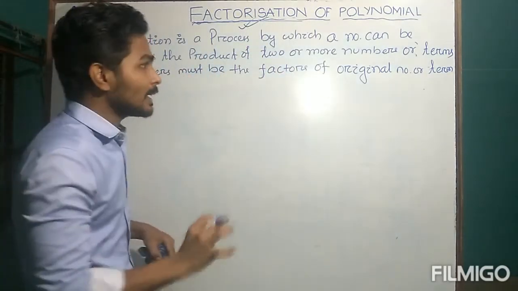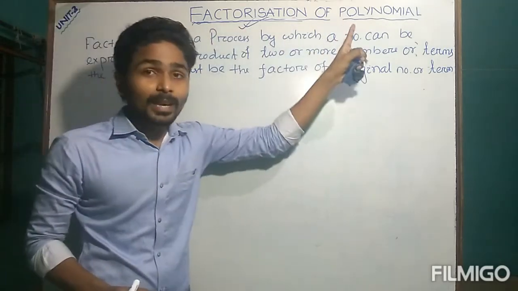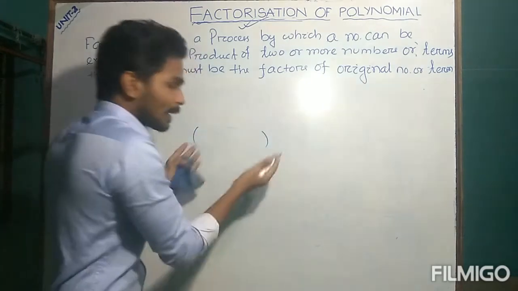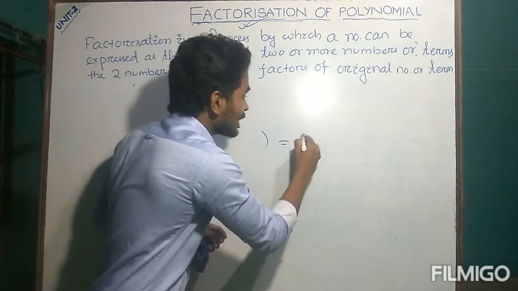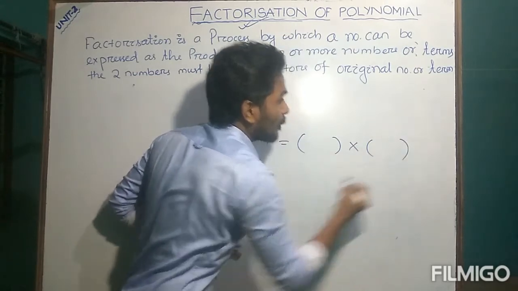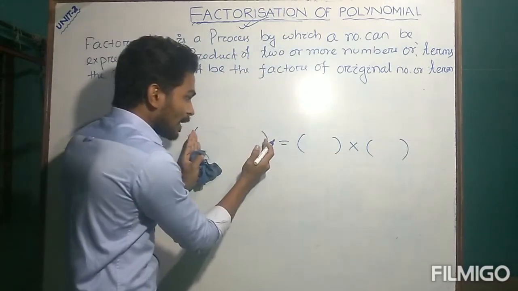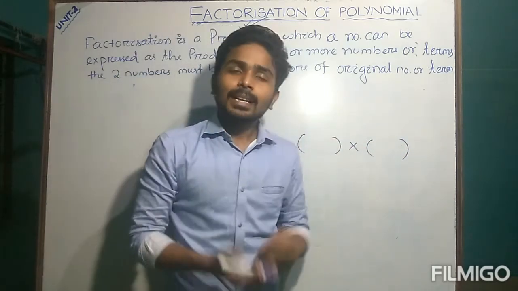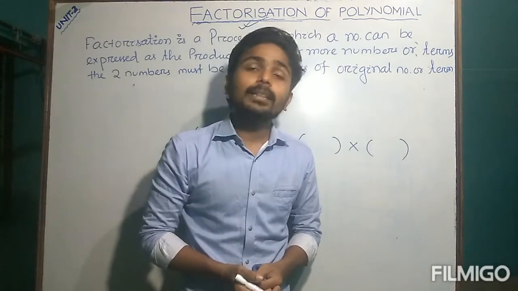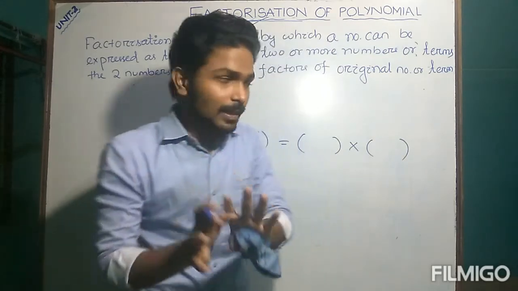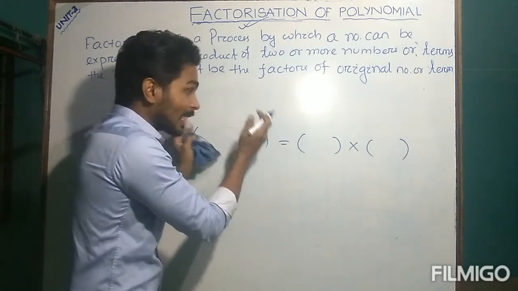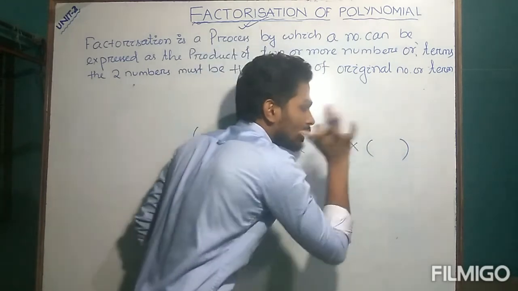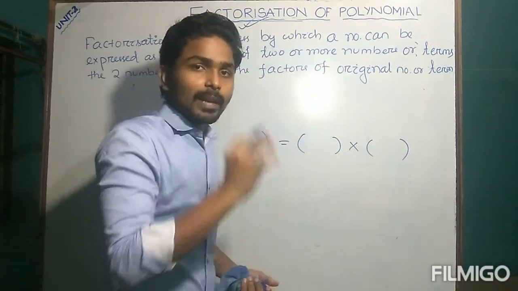If a polynomial can be expressed as the product of other two terms or other two polynomials, then such a process is known as factorization of a polynomial. That means a polynomial can be expressed as some term into some term.